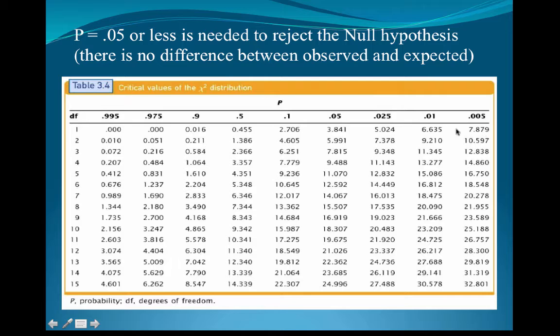If we had had a value less than 0.05, we would have had a deviation from what we expected. However, since our value was 2.0, it fell between 0.5 and 0.1. Therefore, we can conclude that there is no difference between the numbers that we observed in the cross versus what we expected.